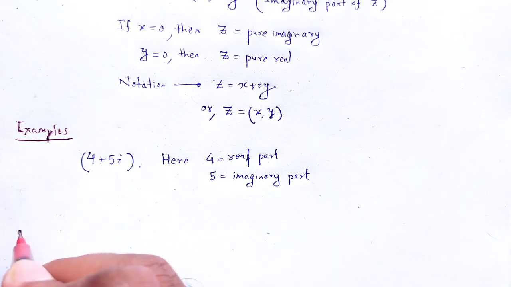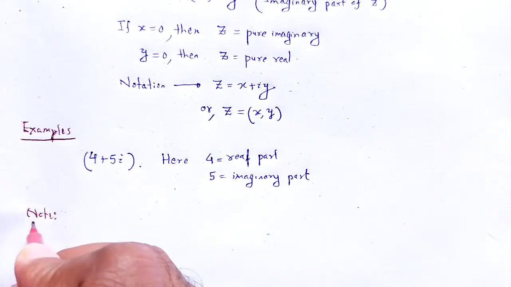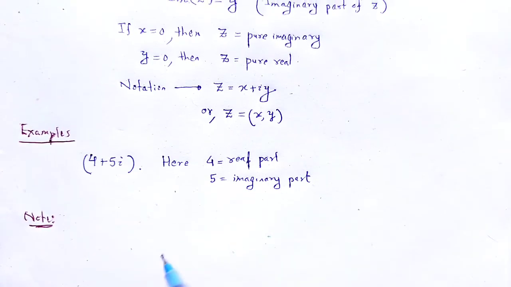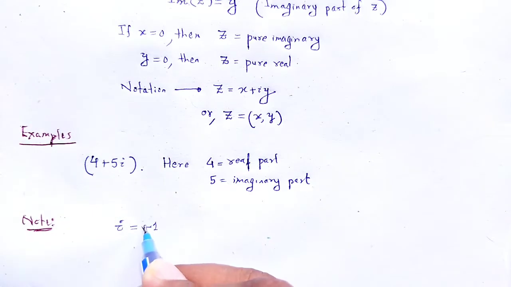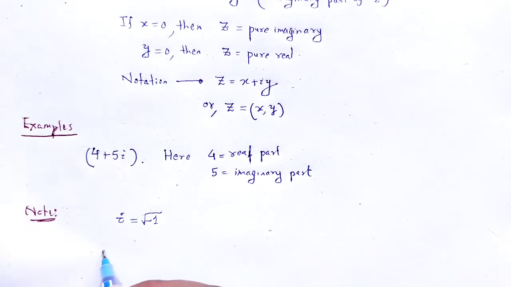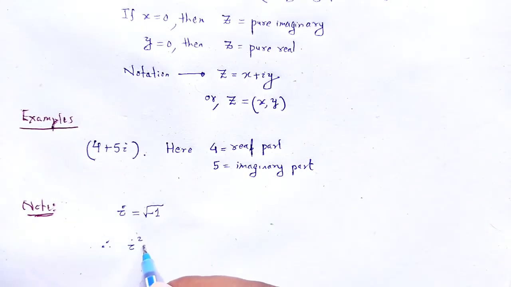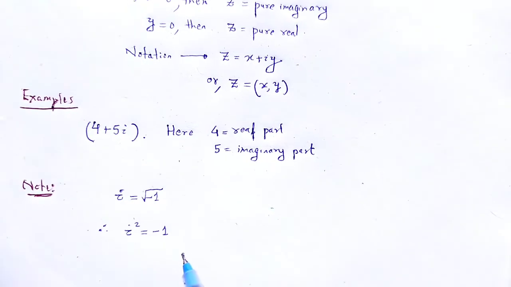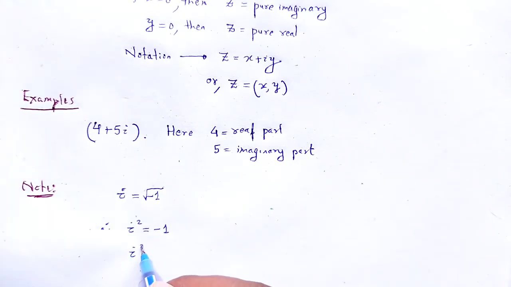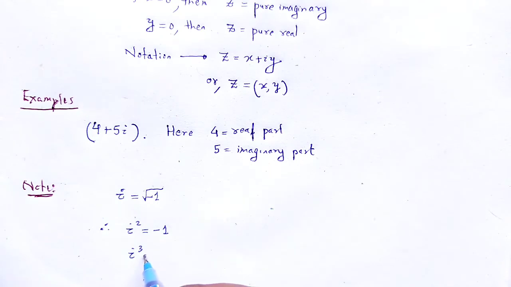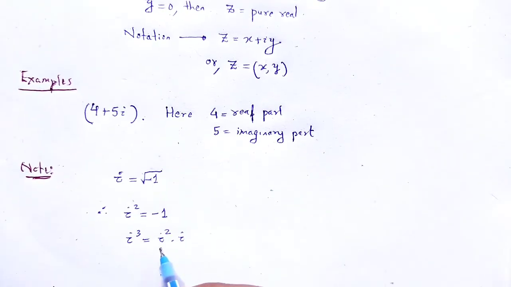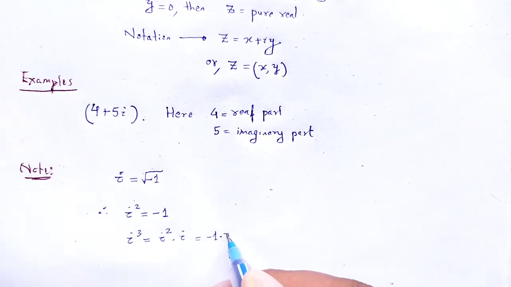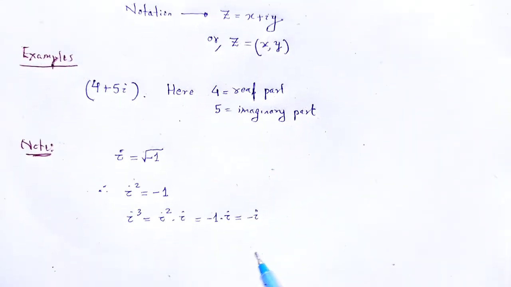An important note here: we introduce iota as under root of minus 1. Therefore, the square of i is equal to minus 1. Again, i cube is equal to i square into i, which is minus 1 into i, that is minus i.